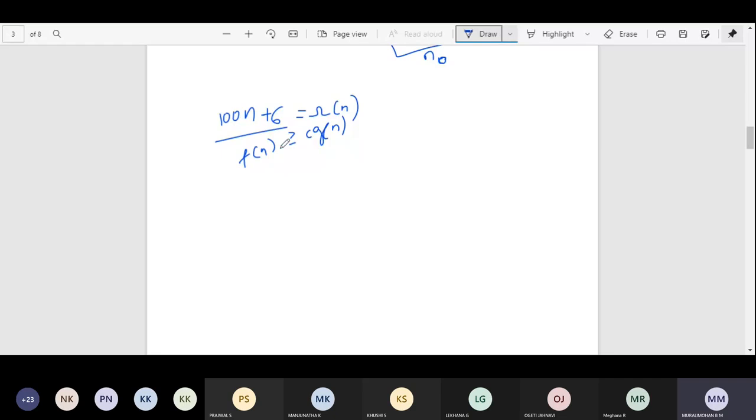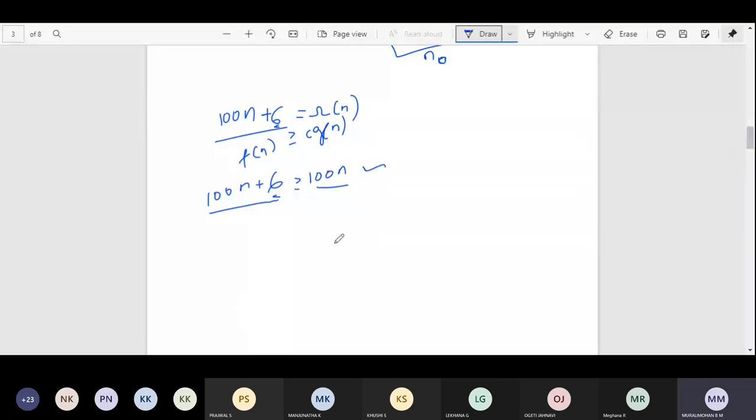You can just see. Here we are having 100n, right? Plus 6 is there. So always it will be greater than this one. If I take the constant as 100 and this omega function we are having n, because of this 6, this will be always greater than or equals to this 100n, right? Is it satisfying?